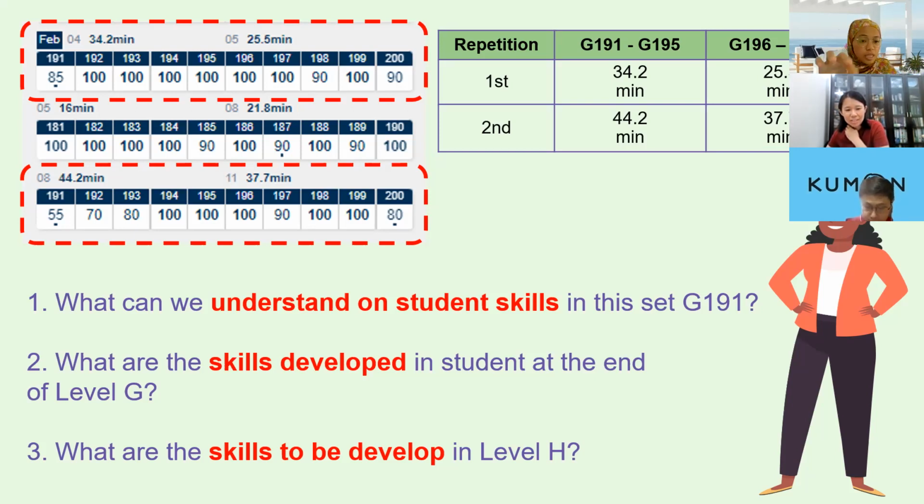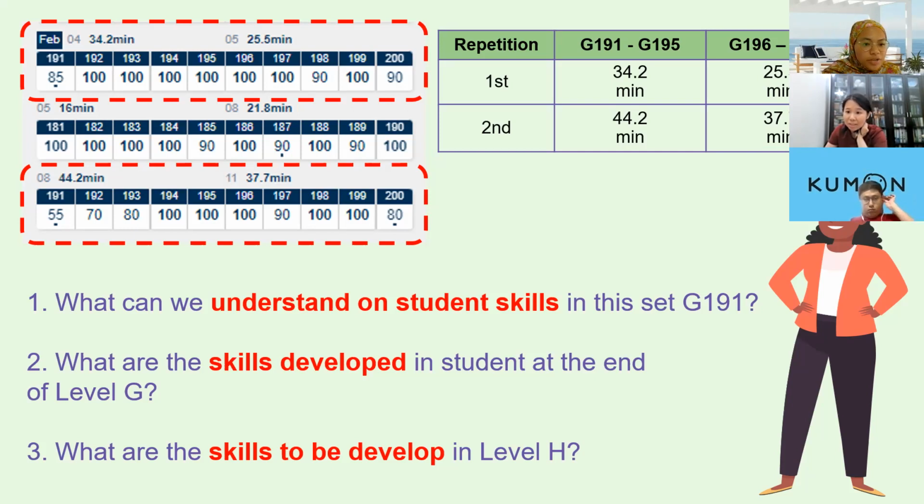Why do I want to study level G191 is because this is the end of level G. We need to identify what skills are already developed and what need to be further developed in level H, because until H200, the topic is the same for students. Sorry, H21 to 100, is it? H21 to 100.